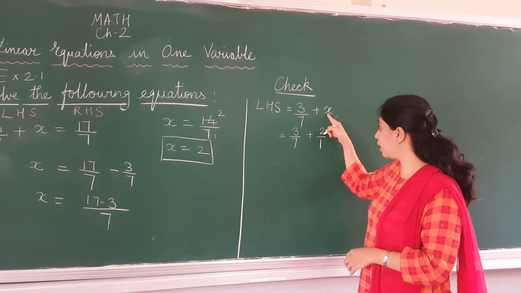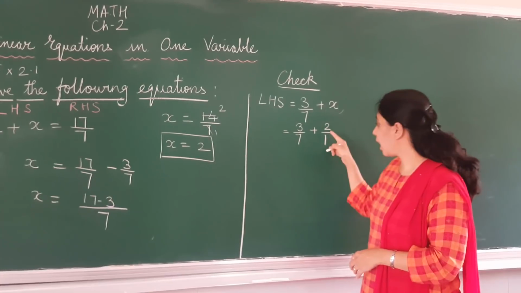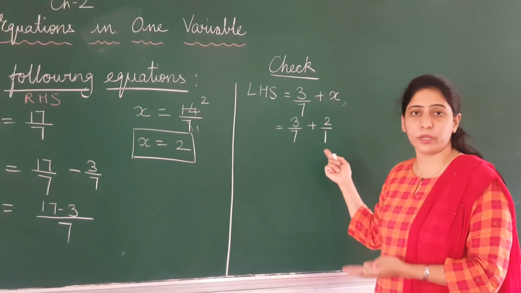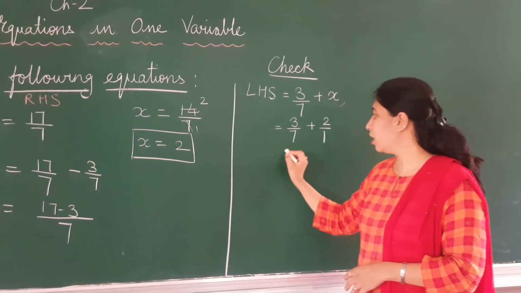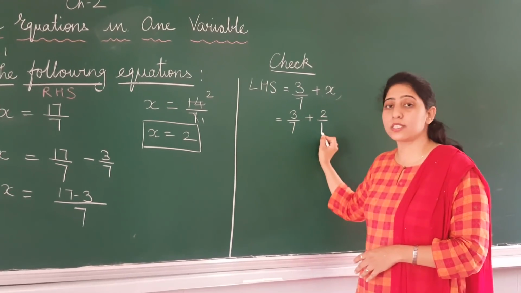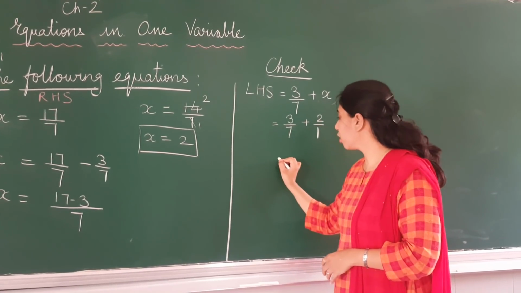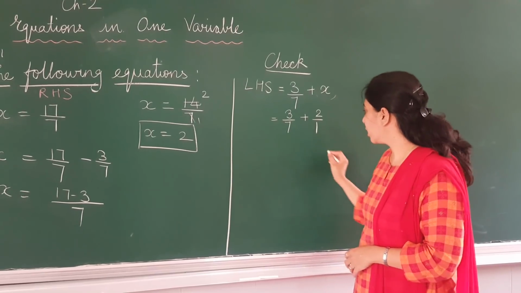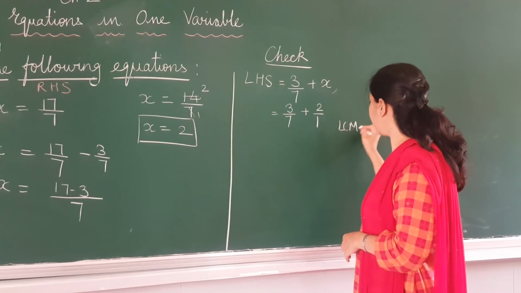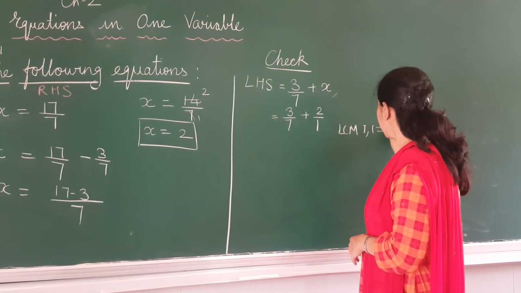upon 1. The value of x is 2, and there is no denominator, so you have to take it as 1. Now the denominators are not the same. So what are you going to do? You are going to find the LCM. What is the LCM of 7 and 1? It is 7.